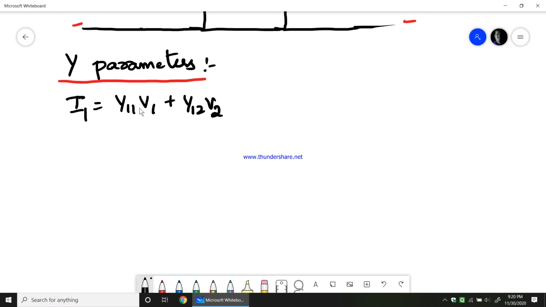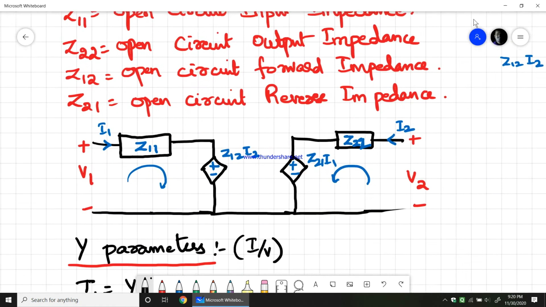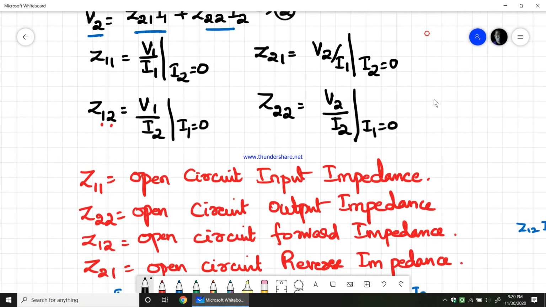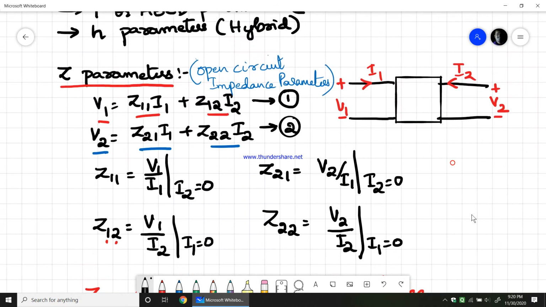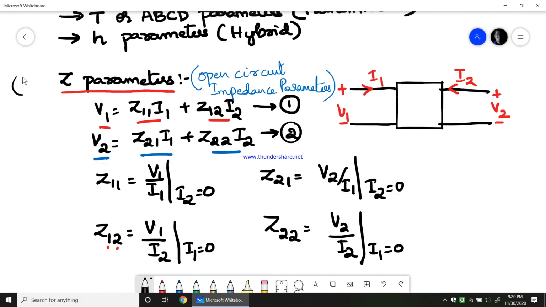So we all know I1 by v1, I by v is Y, right? I by v is Y. That is how you remember the equation. Similarly, in Z parameters we can easily say Z is what, v by i.